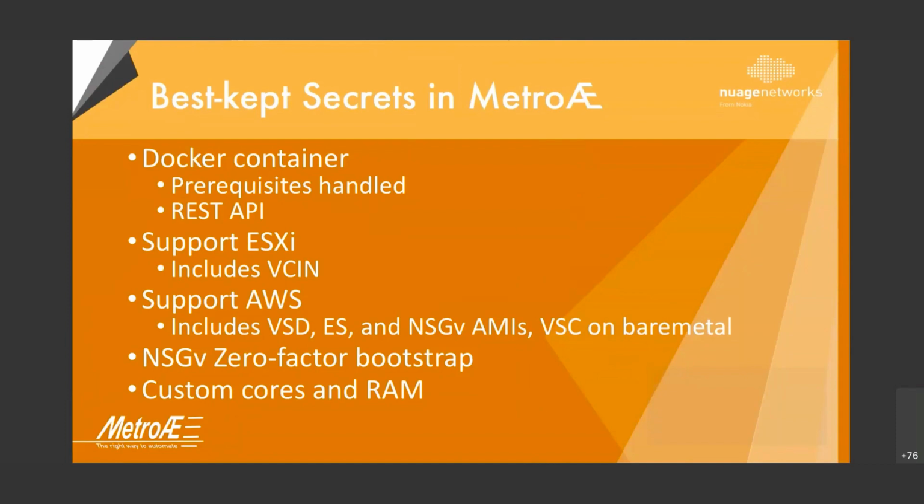The Docker container also has one other benefit, and that is that when it's running, there's a REST API that can be enabled, and that can assist in some environments where it can be a northbound API into overarching automation frameworks that your customers may have. So it's yet another way to get Metro integrated in with your customers.